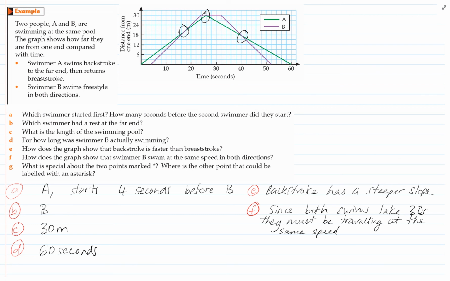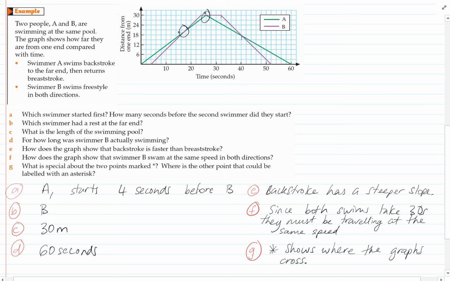So that's our answer for question G. That asterisk shows where the graphs cross, and the other point where this could happen is at 40 seconds. So we could also have an asterisk at 40 seconds.